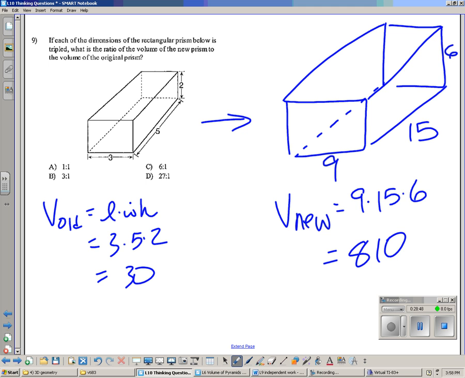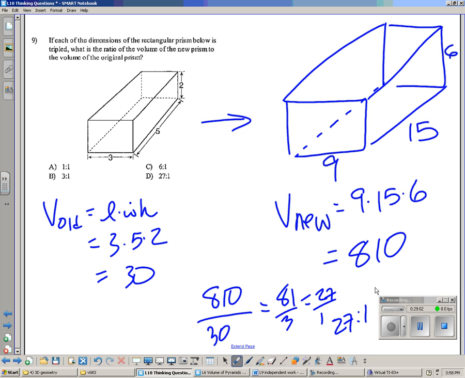So now they want the ratio of the new to the old. So new is 810. Old is 30. Ratios are fractions. We've done that this year. And 81 over 3, if you reduce this, becomes 27 over 1, or as a ratio, 27 to 1. So the answer is choice D.